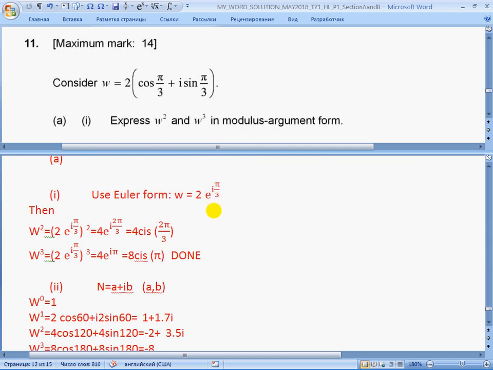So the Euler form of our number looks like this. When we square, 2 becomes 4, the angle becomes 2 times more. When we cube, the argument becomes 8. Here is a mistake, here should be 8. Sorry. Right, so done.